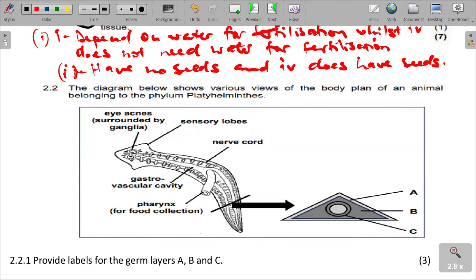They are soft-bodied organisms, often also parasitic.